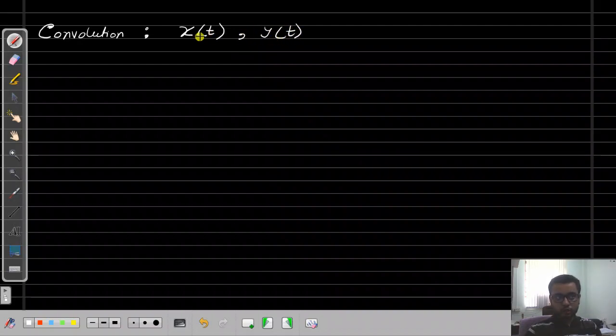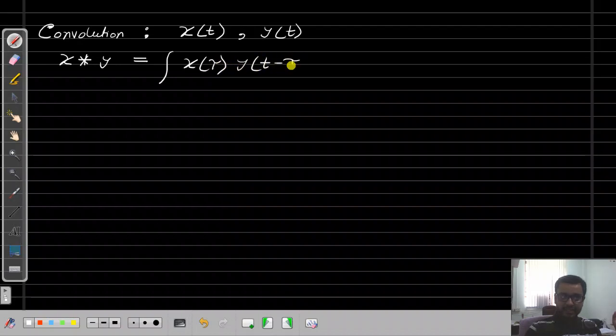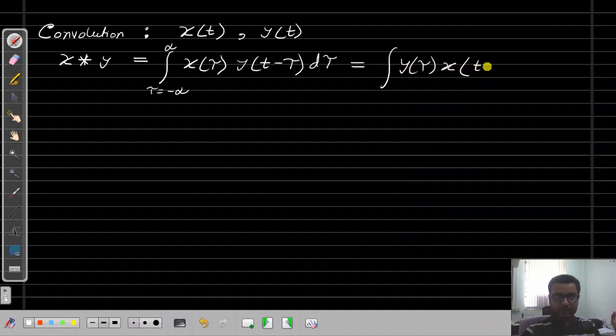If these are two signals, then the convolution between them, which we write as x star y, is given as the integration of x of tau y of t minus tau d tau from minus infinity to plus infinity, which is also the same as, you can swap the role of x and y, y of tau and x of t minus tau d tau from minus infinity to plus infinity.